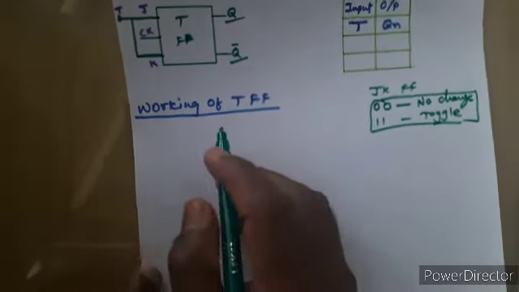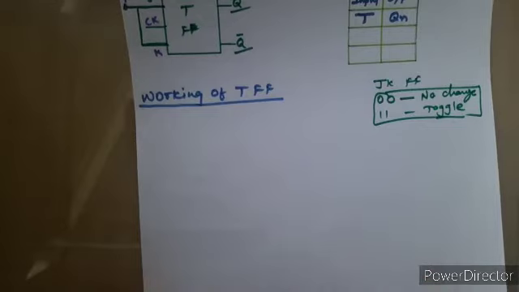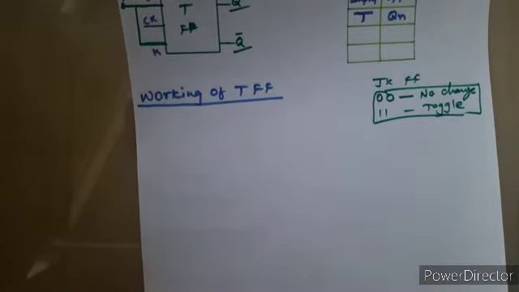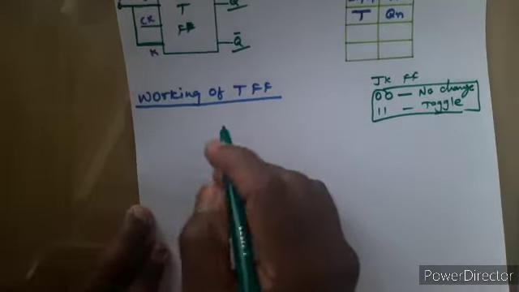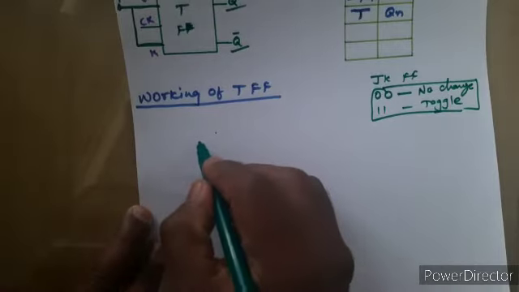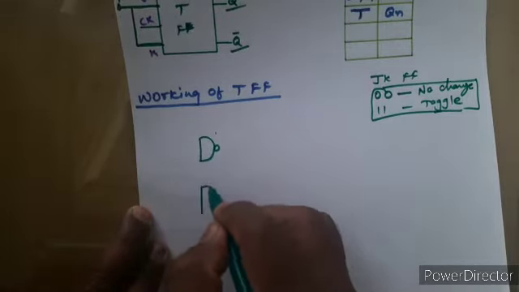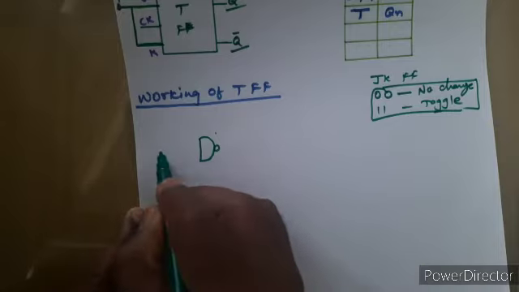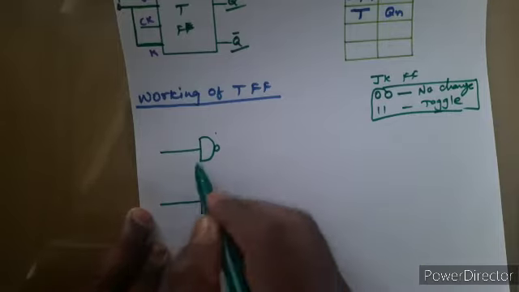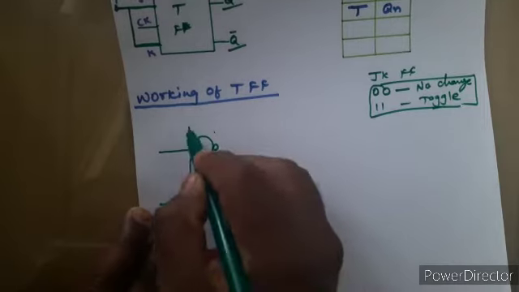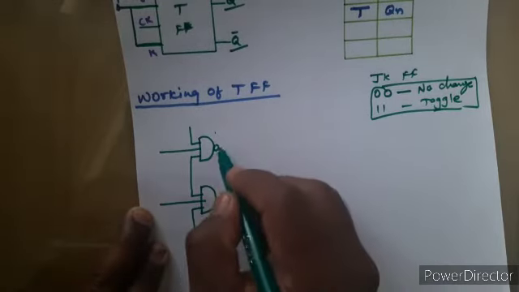So we can draw the circuit diagram for the T flip-flop using the JK flip-flop. Very quickly I can draw here. So this is J, this is K, clock pulse, these are for feedback.